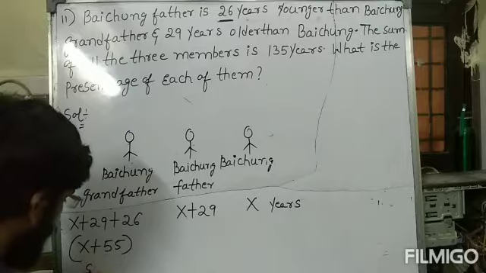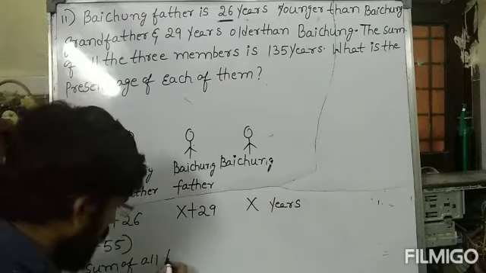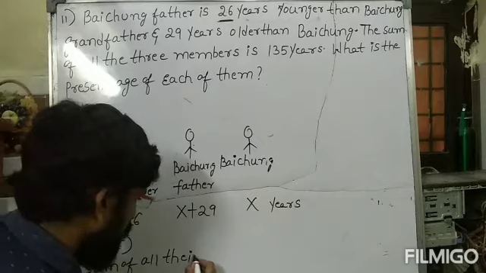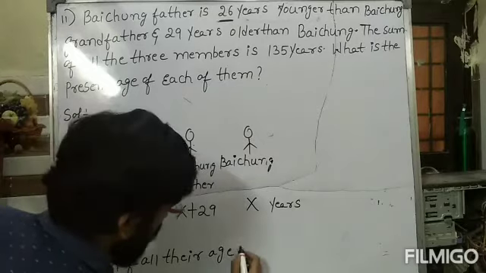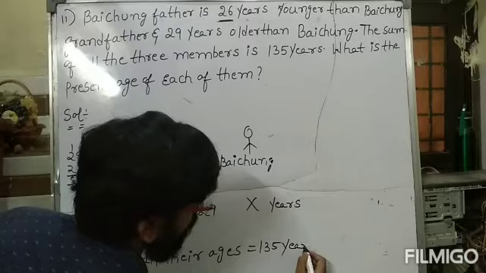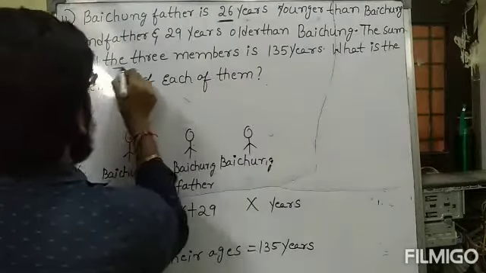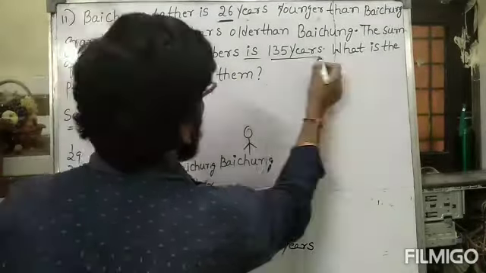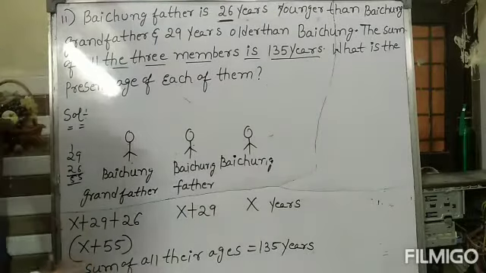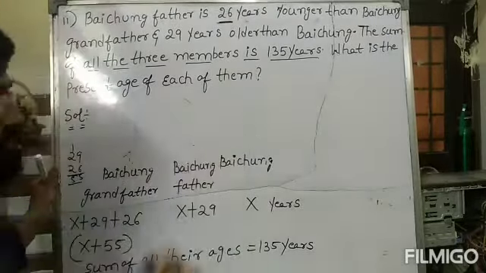Now they are giving that the sum of all their ages is equal to 135 years. The sum of all three members is 135 years. So what does that mean?